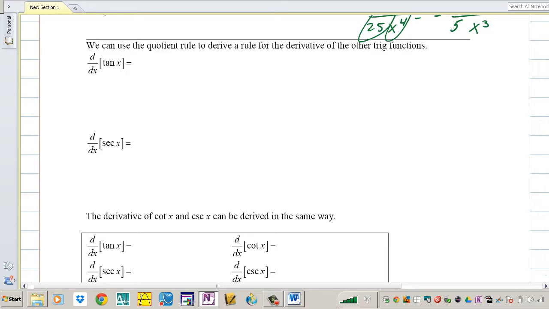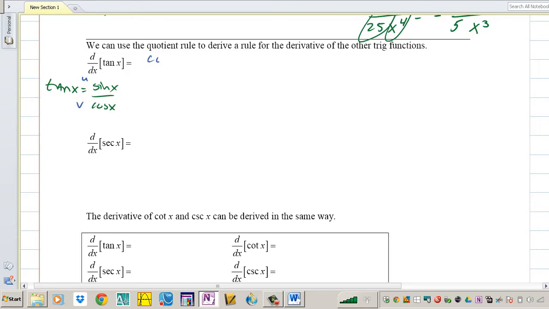Now let me show you the derivative of tangent. The derivative of tangent follows from the quotient rule. So let's discuss, what is tangent? If you remember from trig, tangent is the same thing as sine x over cosine x. Now let me use this as my u and v.